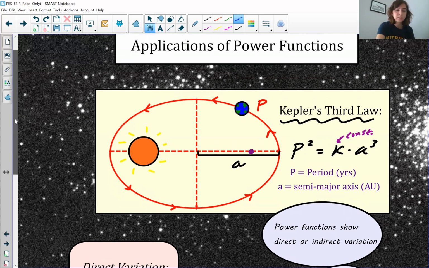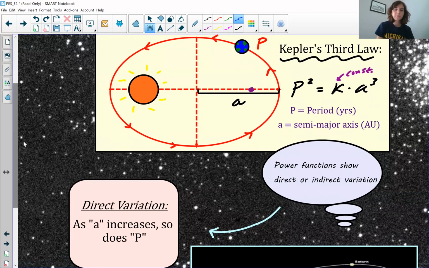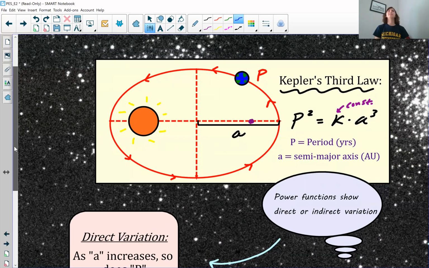So power functions will show direct or indirect variation. In this case, we're looking at direct variation. As our distance A increases, so does the period. That's basically what this equation is showing us. And we might also want to put that in language we can understand.